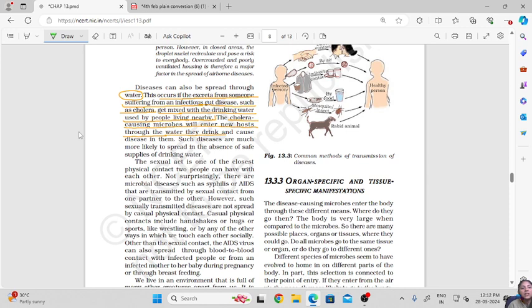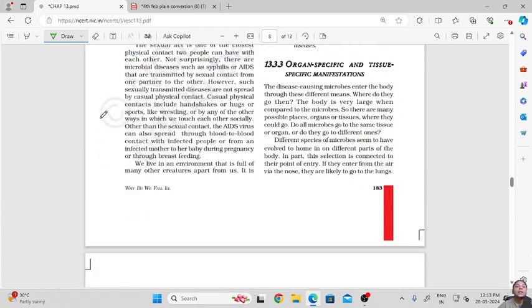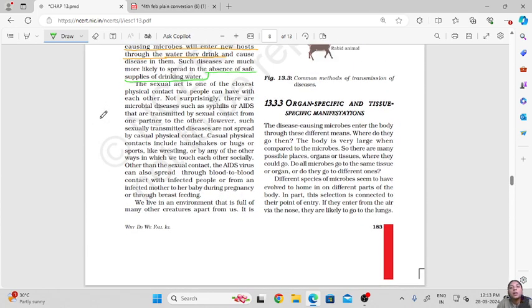Such diseases are more likely to spread in the absence of a safe supply of drinking water.